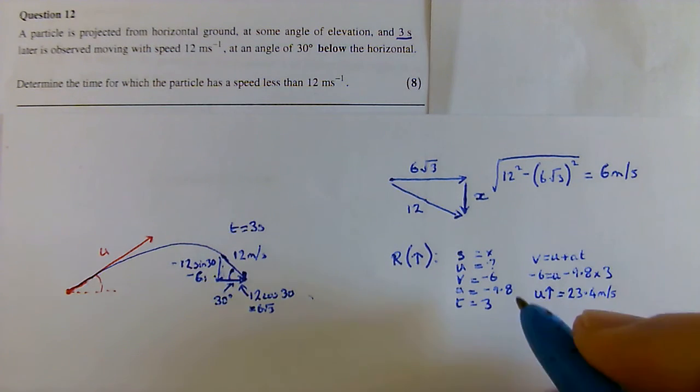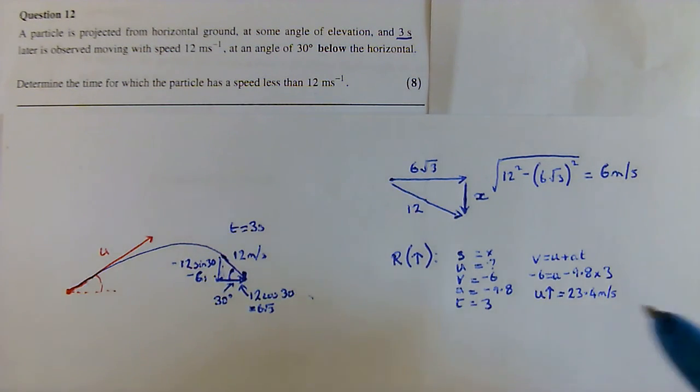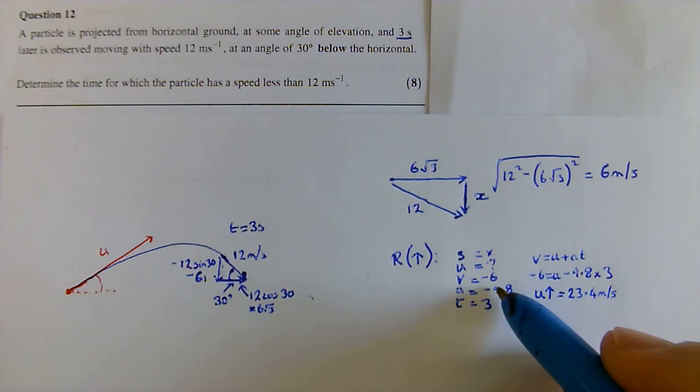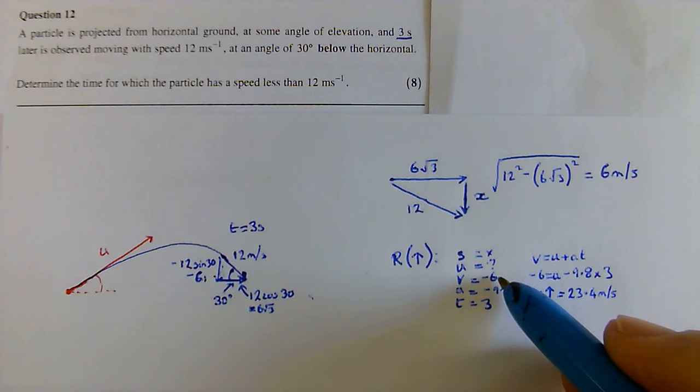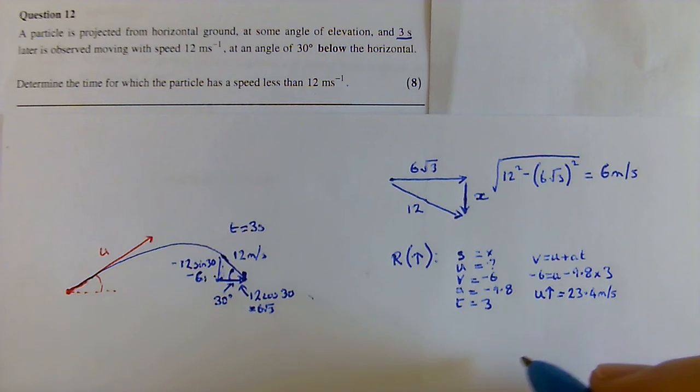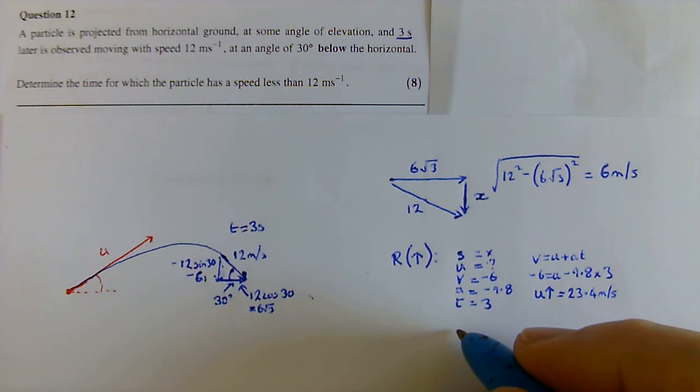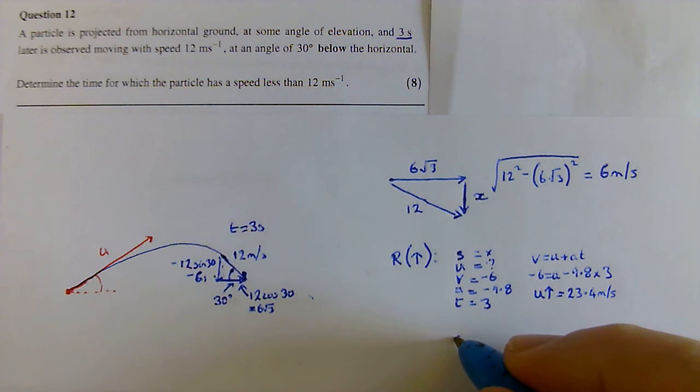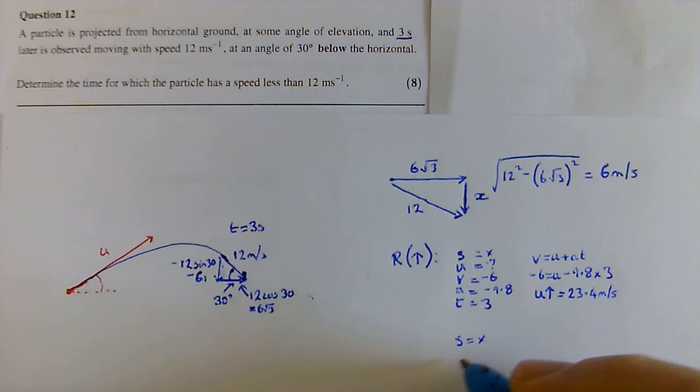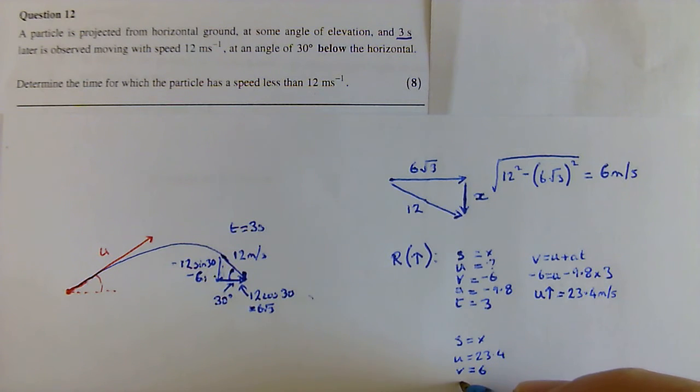So I know that after 3 seconds the velocity is downwards by 6 meters per second, minus 6. What I'm now going to try and do is find out when it's positive 6. So again, using SUVAT, I've got s I'm not interested in, u equals 23.4, which I've just worked out, v equals positive 6, a equals minus 9.8, and t is what I'm going to work out.